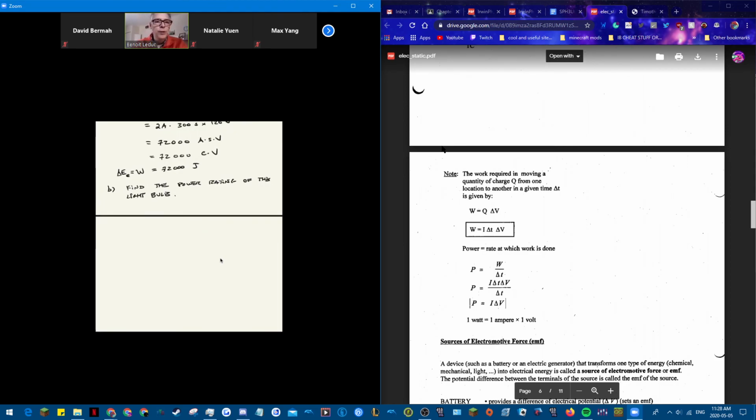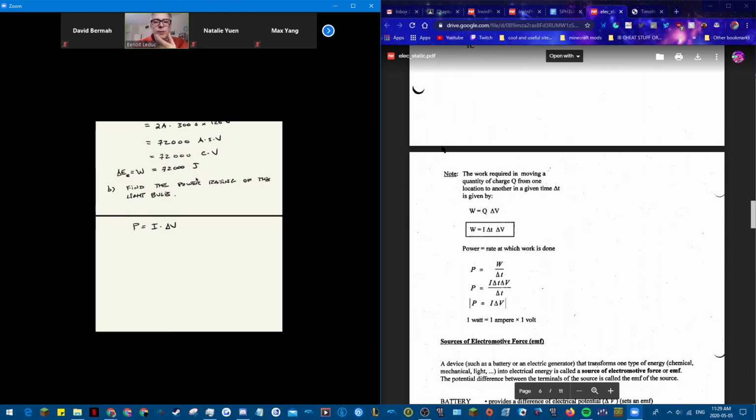You can use the definition of power, which is energy, work here, divided by the time. But what we're going to do here is use the electrical formula. We always talk about difference in electrical potential. That's what is meaningful.